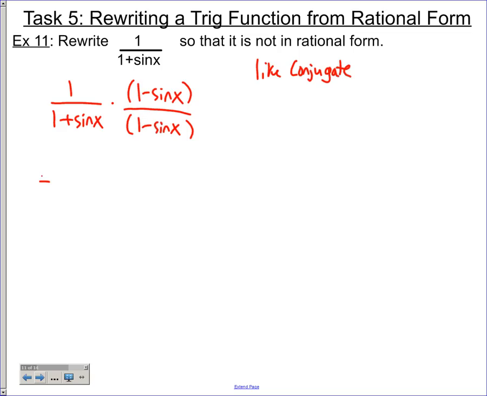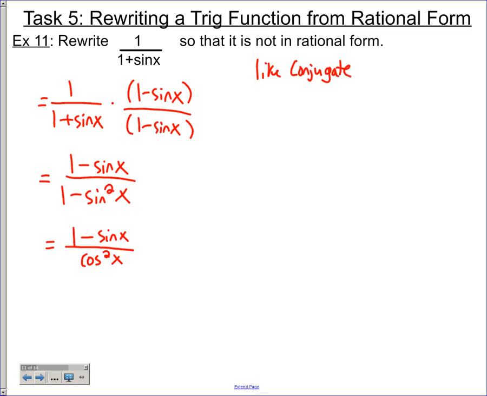And the reason I did that is because we're going to get 1 minus sine squared x in the denominator of our fraction, and that is going to turn into cosine squared x, which hopefully we can work with. So we're getting rid of the addition and subtraction in the denominator so we can start to simplify.